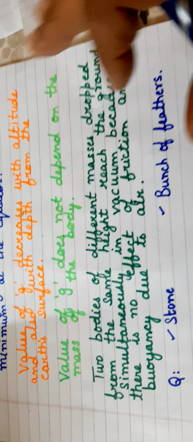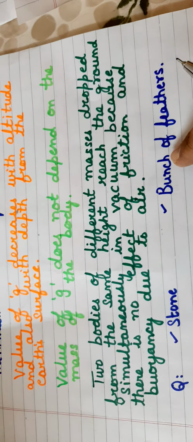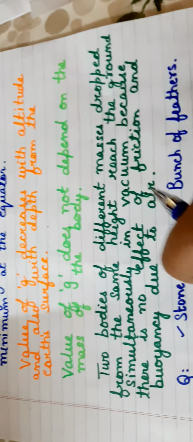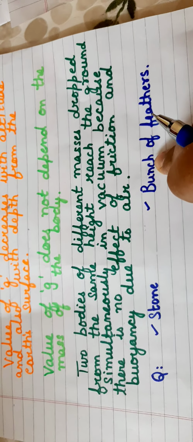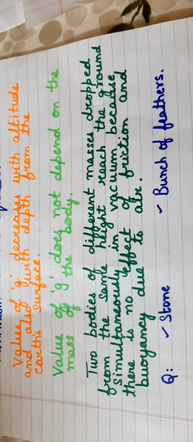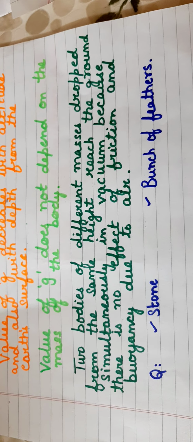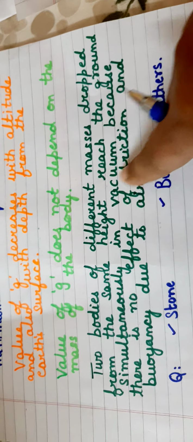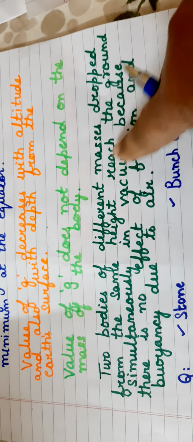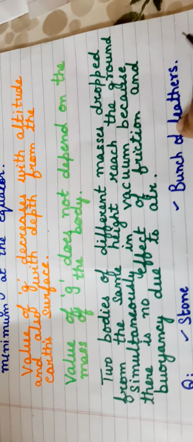Let us consider an example. Suppose you take a stone and you take a bunch of feathers, and you drop both of them from the same height, but they are dropped in vacuum. So what does this statement say? That they will reach the ground at the same time.